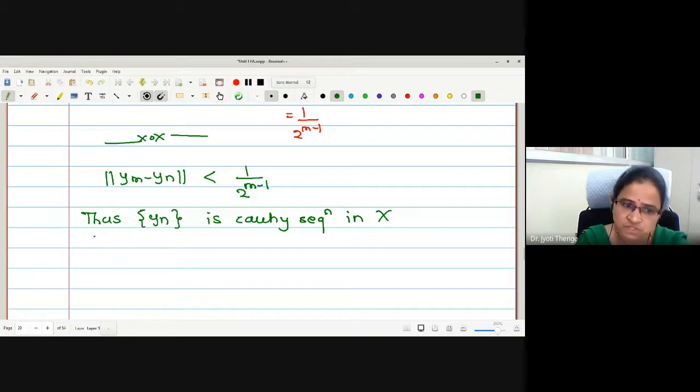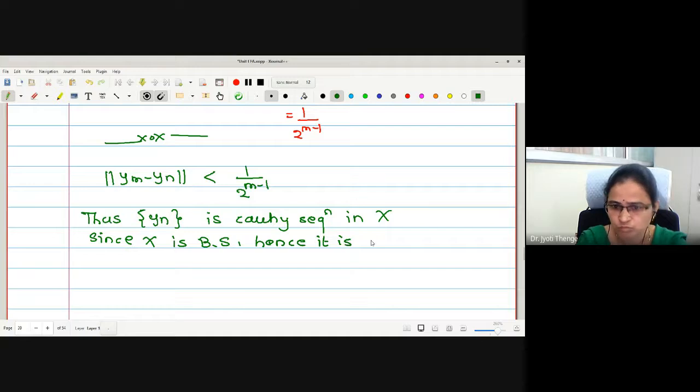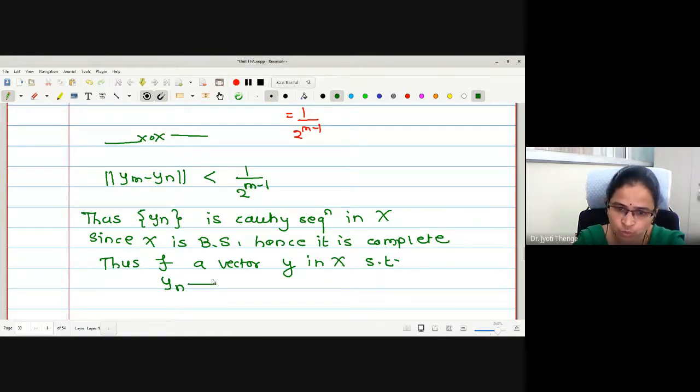X. Since X is complete, or since X is a Banach space, hence it is complete. Therefore, there exists a vector y in X such that the sequence yn converges to y as n tends to infinity.